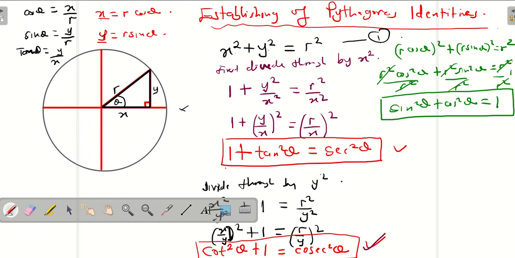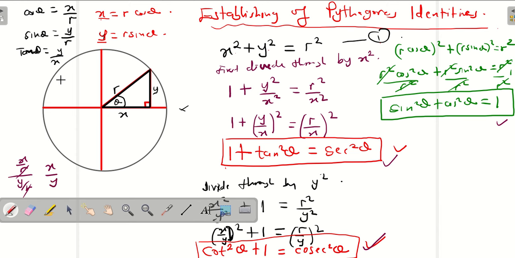That is this, and this. Now, we can also observe that if I take x over r and I divide by y over r, these denominators will cancel out, and I'm going to get x over y.